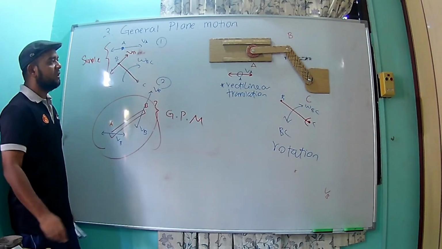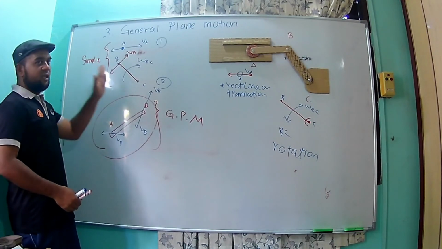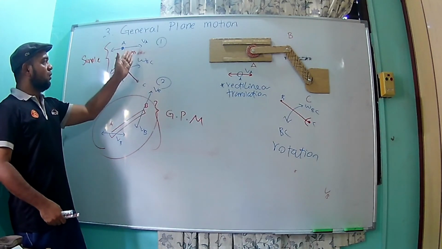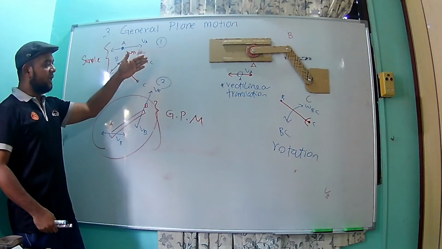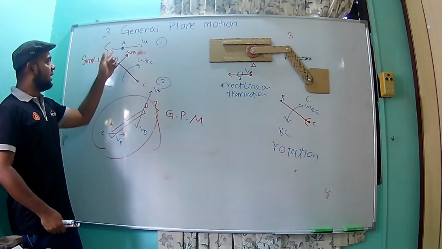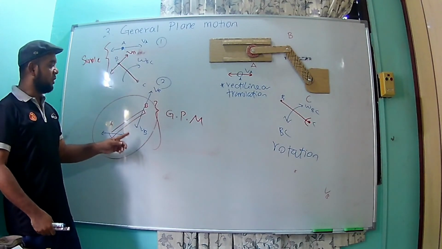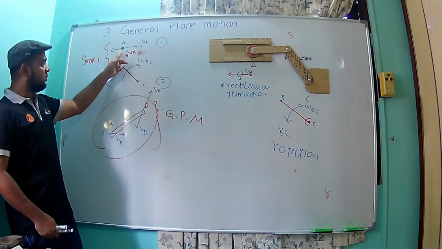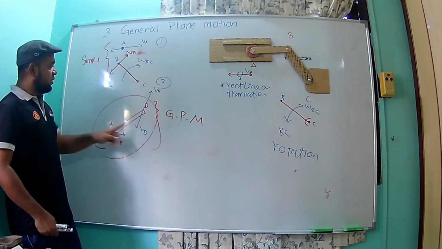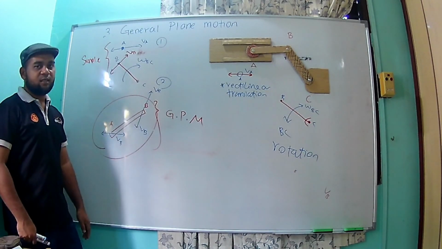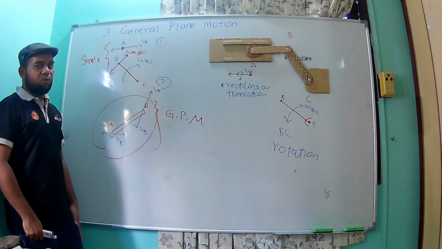So first, identify the simple components, their type of motion and velocity. Then identify the complex component which connects the two simple components, and transfer the movement from the simple components to this complex component. After that, we do the analysis of this complex component.